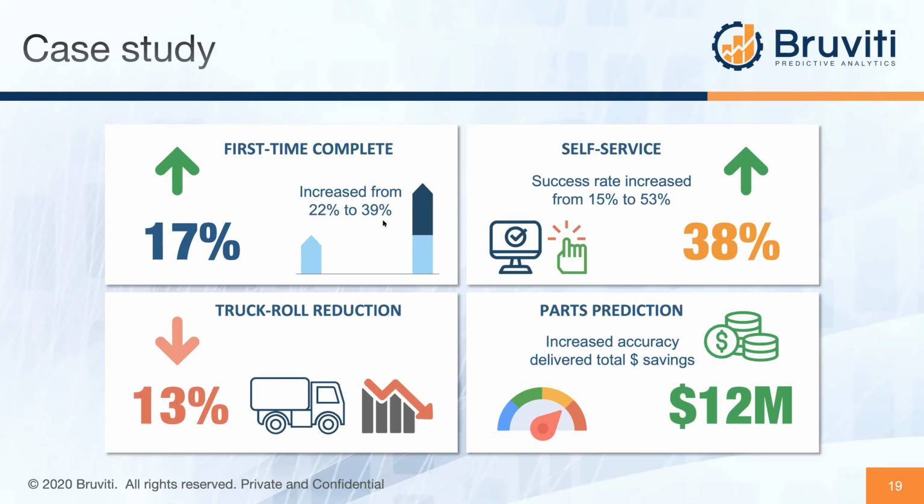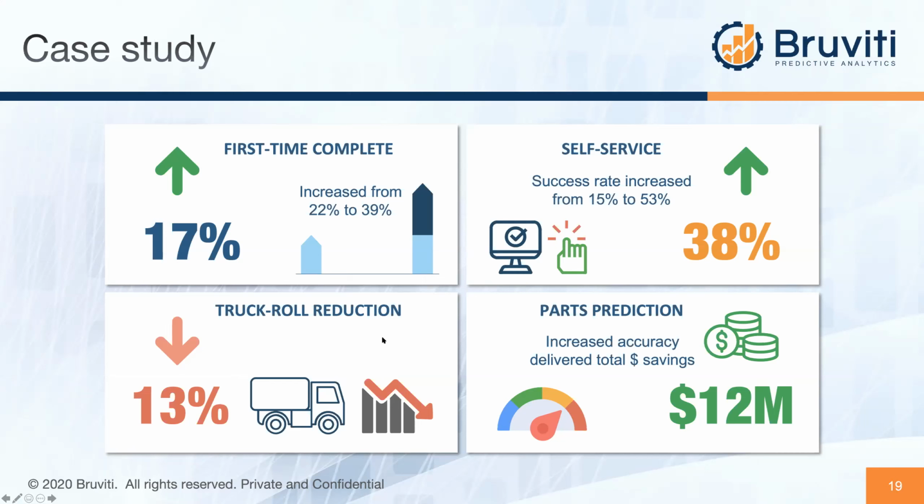In this instance, the OEM had their own W-2 employed service technician workforce. They saw with our parts prediction capabilities, by reducing repeat truck rolls, an overall reduction of truck rolls by 13%, and with that, considerable savings in their overall warranty and servicing costs.